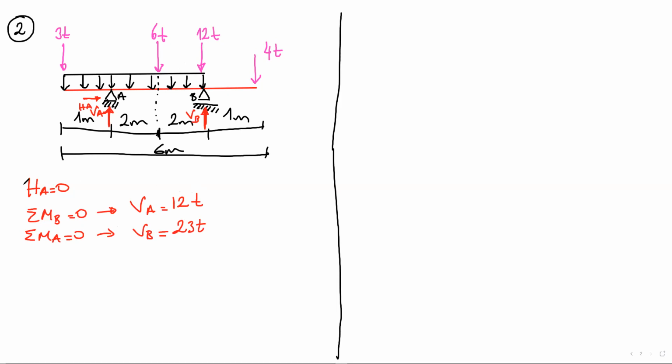As you can see, the horizontal A is 0, so I don't need to see it here. What is the vertical A? It's 12, right here. And what is vertical B? Here, 23.